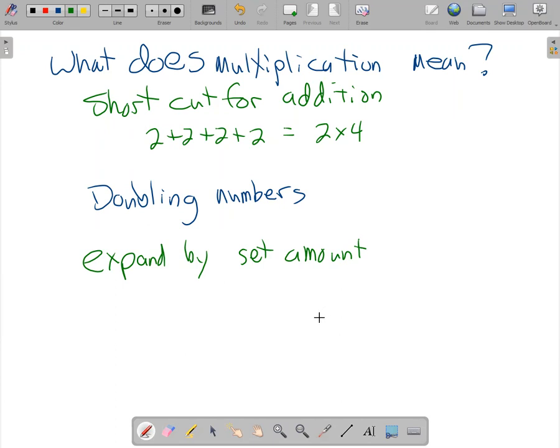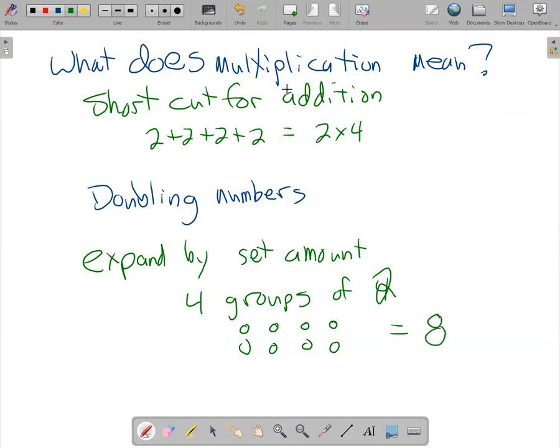Something like 4 groups of 2. I have a group of 2, and I'm expanding by a set amount 4 times. So here's a group of 2, and here's another group of 2, and another, and another, and that would give me 8.